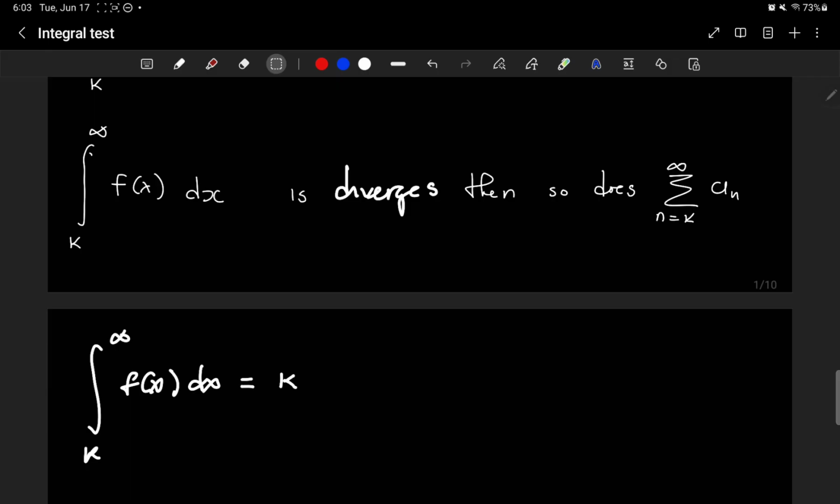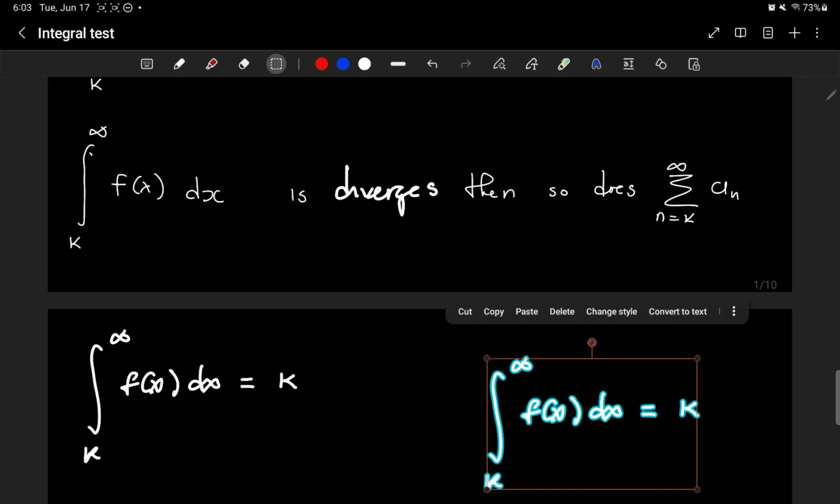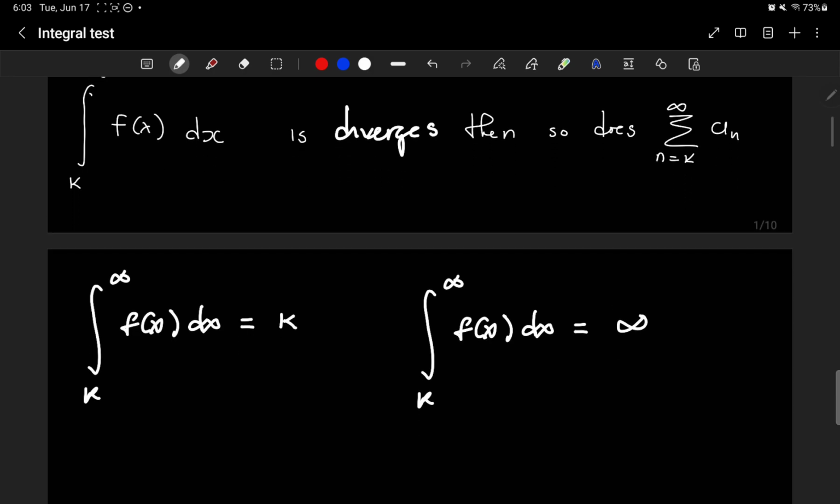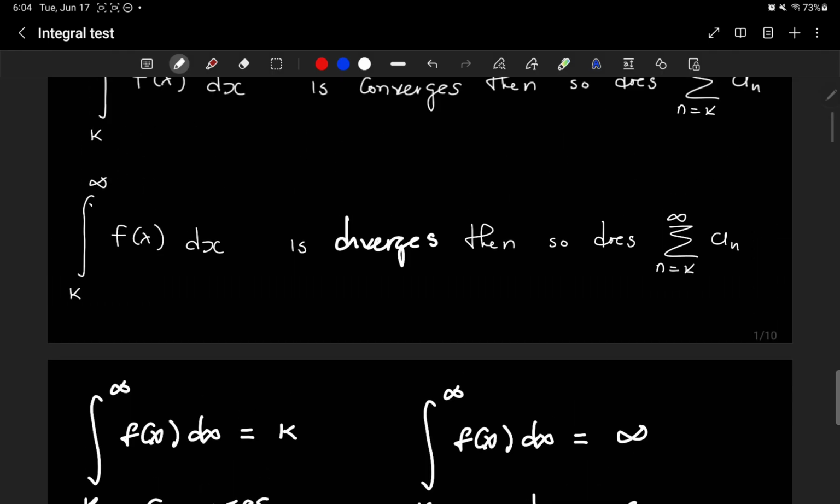If the integral reduces to that, then our conclusion is that it converges. If the integral, however, leads you into something like infinity, meaning something which is not finite, then the conclusion is that it diverges. So here you have one that diverges, and then here you have one that converges. So this is how we determine whether an integral converges or diverges.